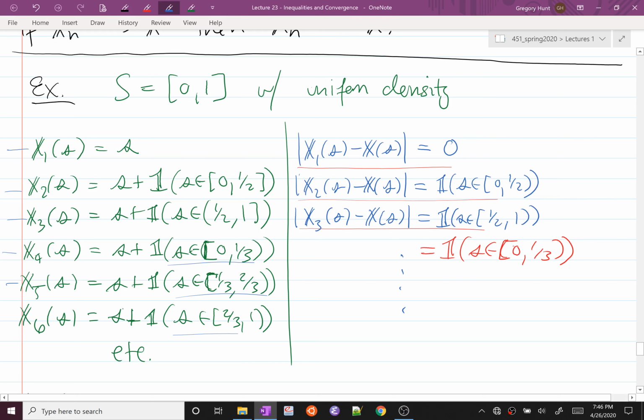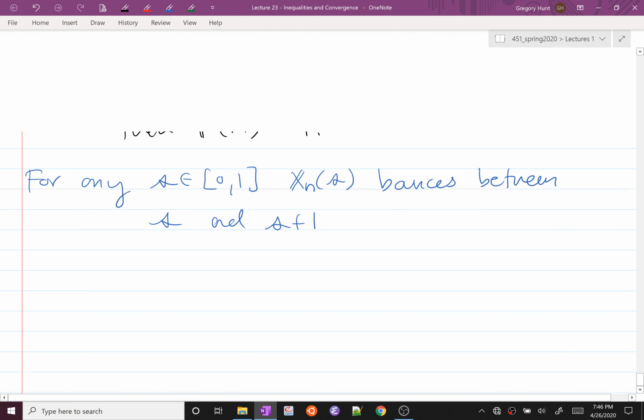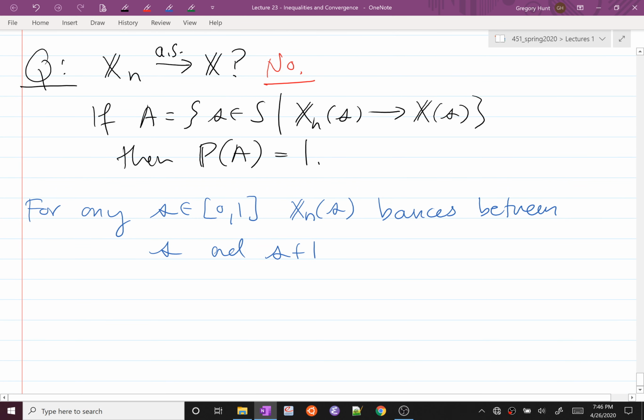And no matter how far I go in the sequence, there's always going to be some point where it's going to bounce back up to its value plus 1. Because of how I've divvied up these intervals, it's never going to settle down. I'm always going to bounce back and forth between s and s plus 1 forever, no matter what value of s I choose. So it won't settle down to x of s.